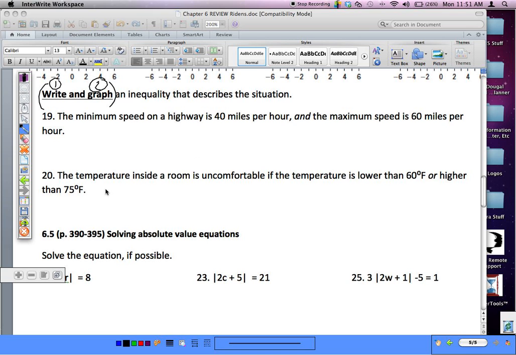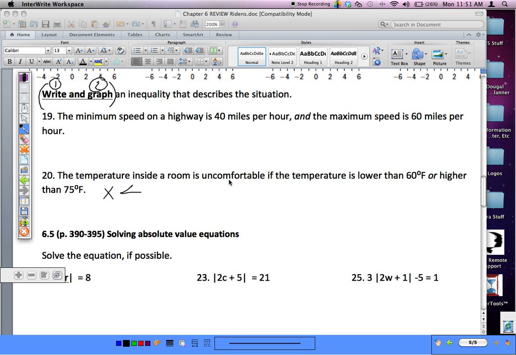So let's write this out. My temperature is going to be, let's represent the bad situations here. Let's represent what we don't want, right? We don't want it to be lower than, or actually it doesn't say anything about being 60, so I suppose it can.